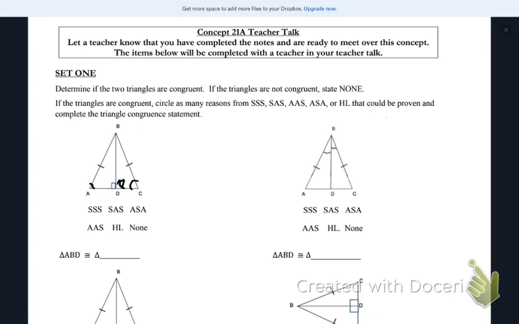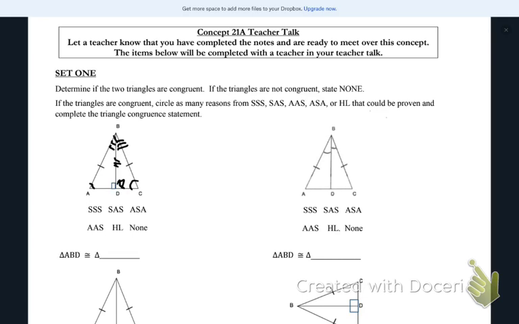So at this point, we have this set of angles that are congruent, this other set that are congruent. So because of third angle theorem, we can also go ahead and conclude that this angle here will be congruent with this one over here. Okay? So based on that, we can see that we have side, angle, side, right? Well, something else I should mention. This side here will be congruent to itself because of reflexive, right?